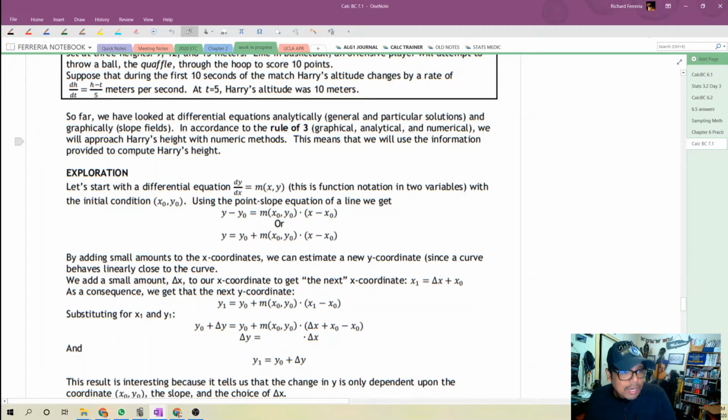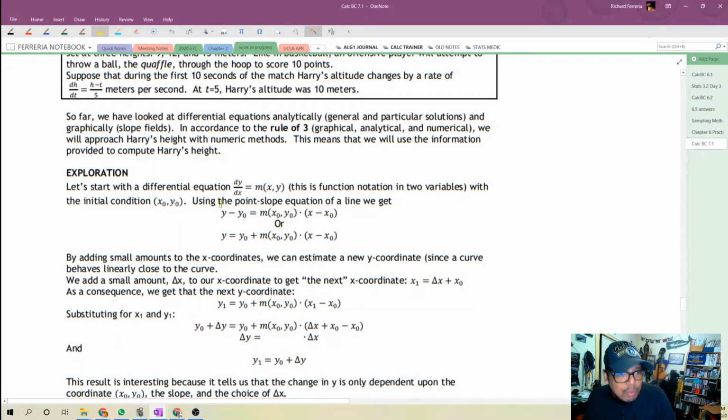dy dx is equal to some function m of x and y. I don't know if you have seen notation for a function of 2 variables, but that's what it looks like, m of x and y, and with an initial condition x naught, y naught.